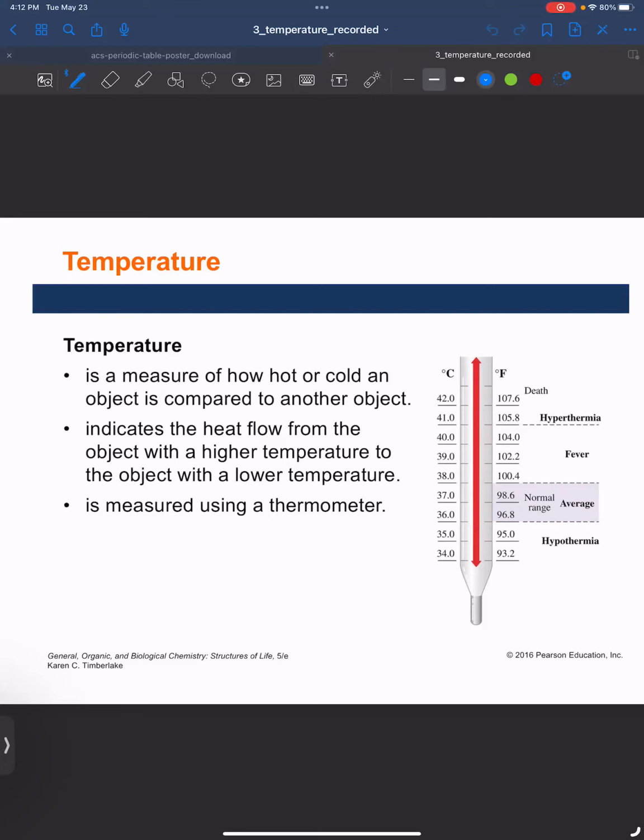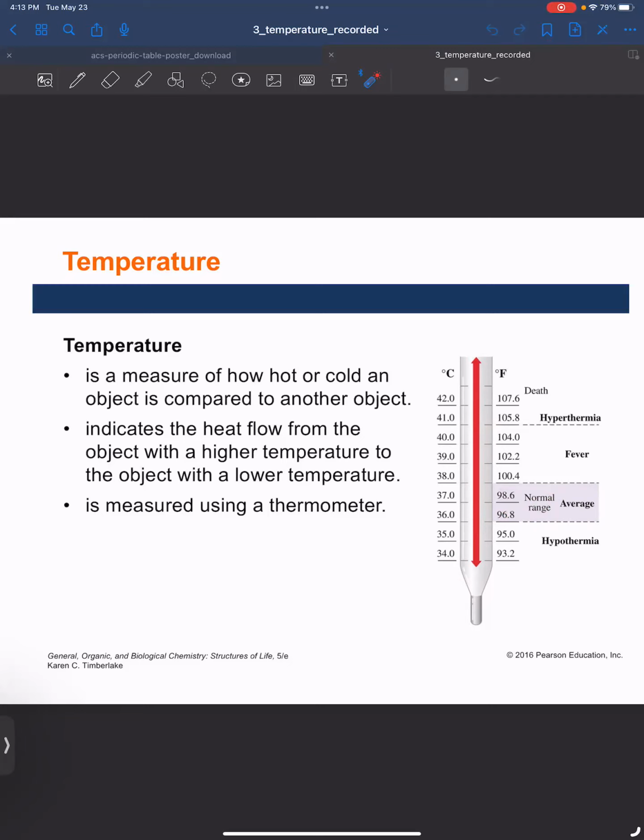And so our primary learning objective in this video is to be able to convert between the different temperature scales. And you can see two of the scales here, Celsius and Fahrenheit. Now in the United States, we typically use Fahrenheit, but in science, we report many of our measurements in Celsius. For example, the normal range for temperature is about 98.6 to 96.8 degrees Fahrenheit.